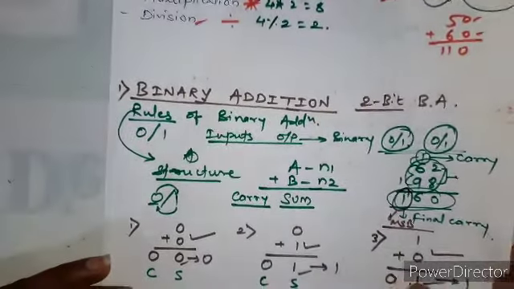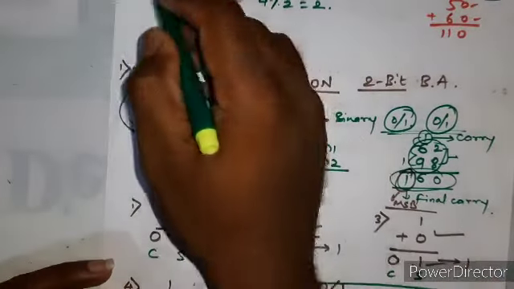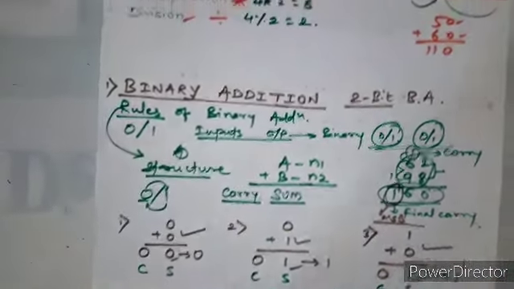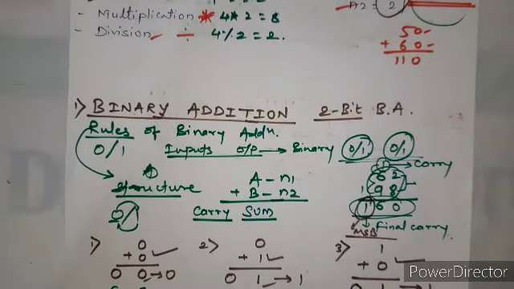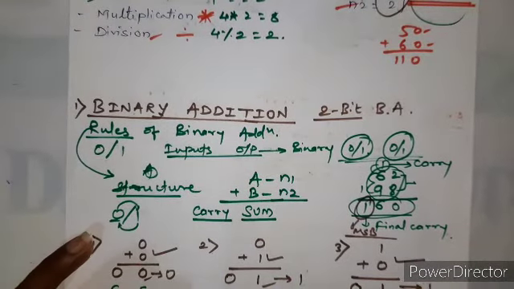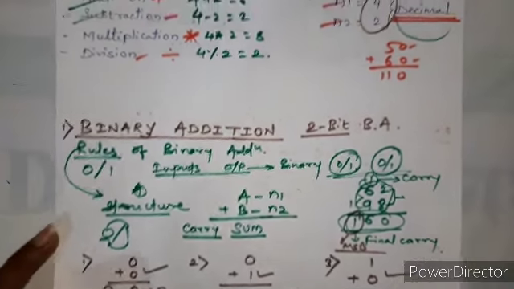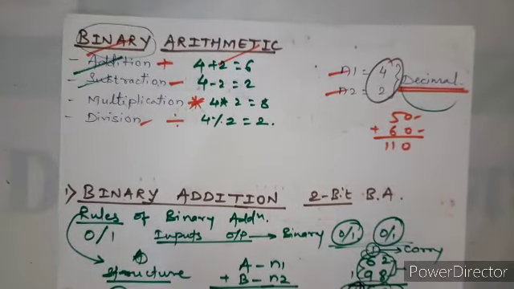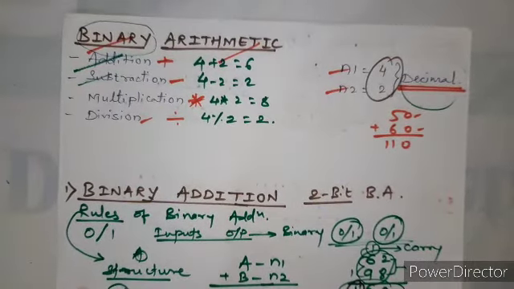Okay, in the next lecture we will see binary subtraction. Now studying binary subtraction has concepts within concepts. So it is just like layers of onion. You peel one layer, you will get another. You go on peeling these layers of onion, and then you will have the inner layers, right?